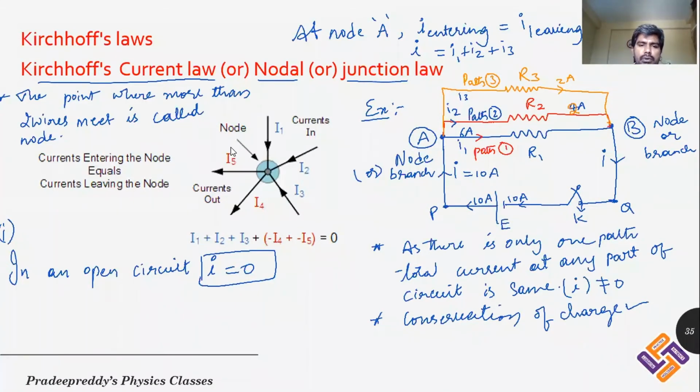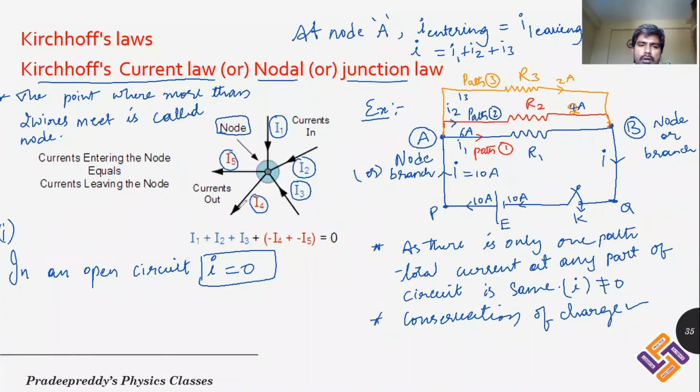Now in the figure shown, this is the nodal point, and the currents entering here are I1, I2 and I3. I1, I2, I3 are entering the nodal point, and I4, I5 are the currents which are leaving.